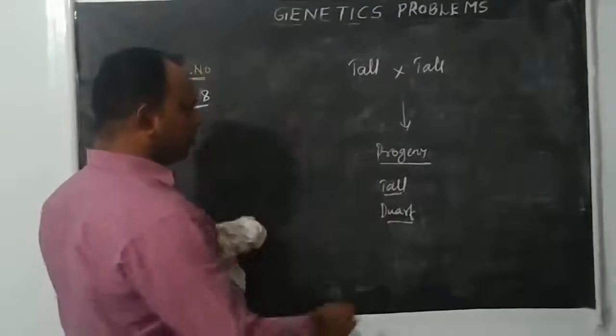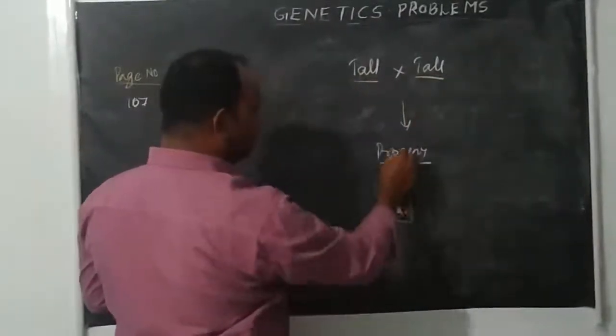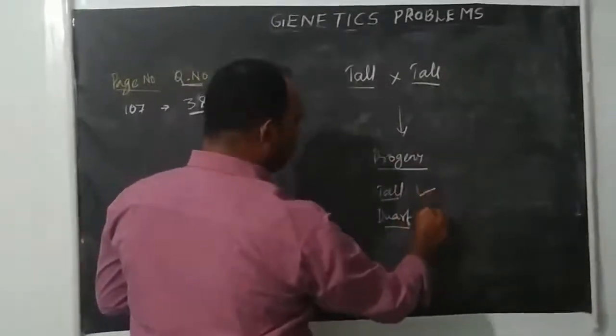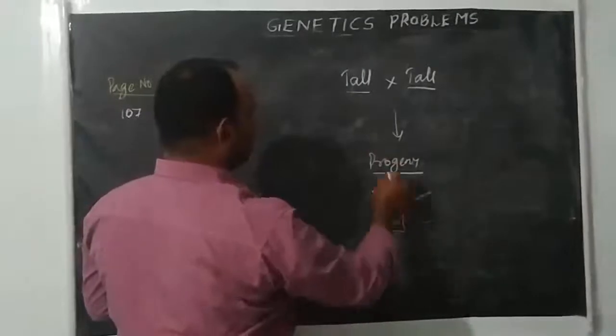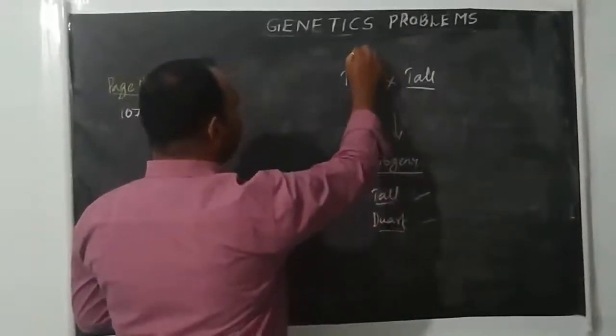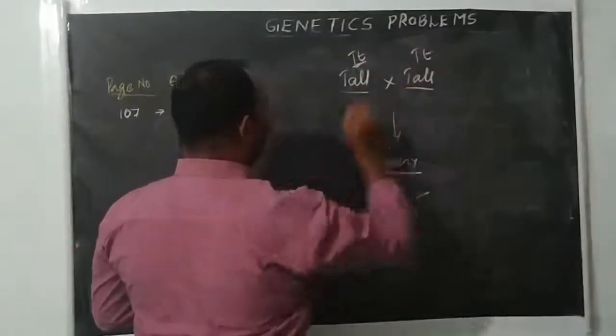If this cross between these 2 tall plants gives progeny with tall and also dwarf, then the genotype of these parents must be heterozygous. If it is heterozygous, like this only we will get.